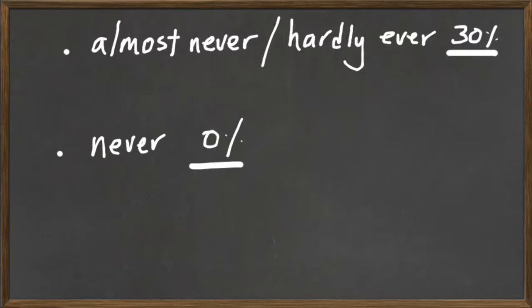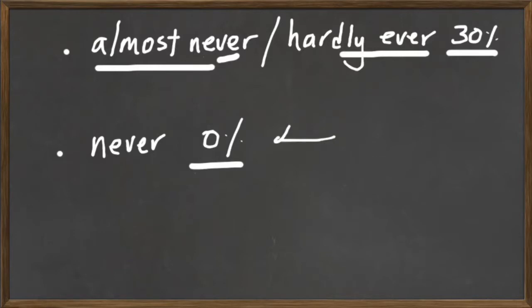These two are very similar, but remember that one is with never and the other is with ever. Finally, we have the last one, which indicates 0%, and that is never, never, never.